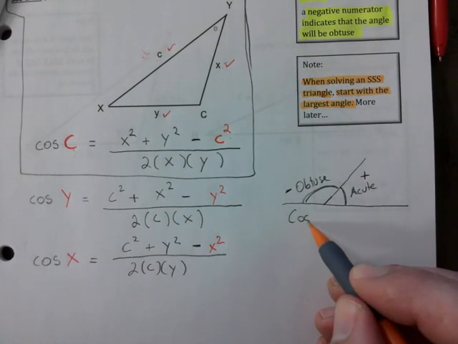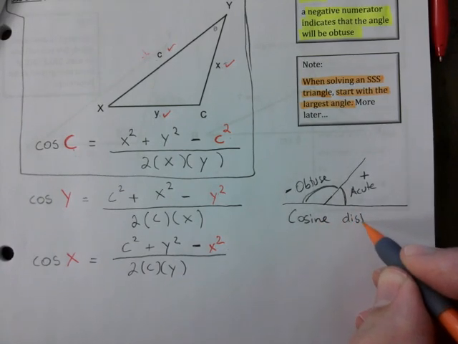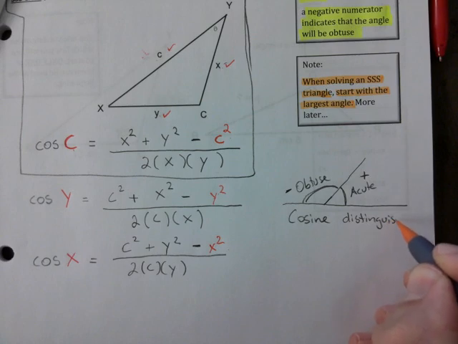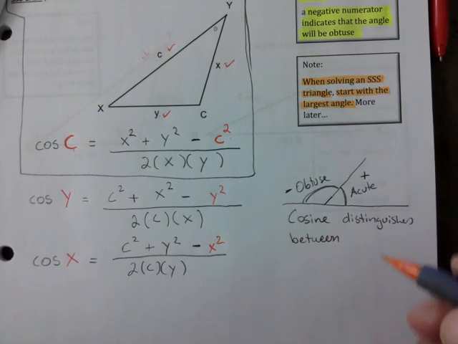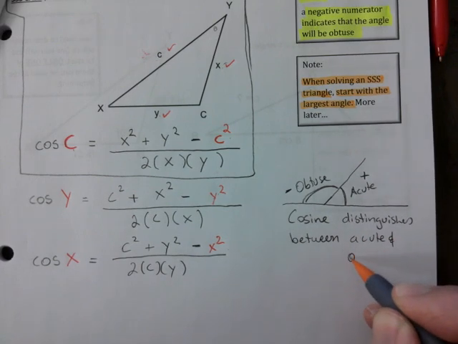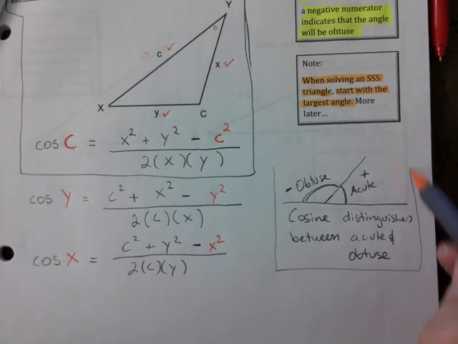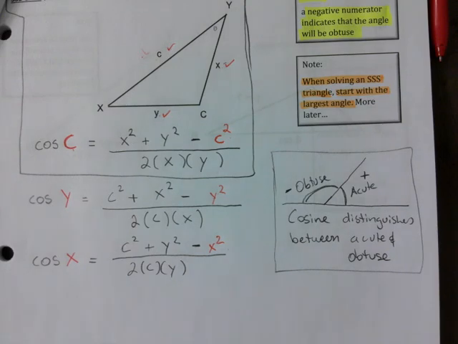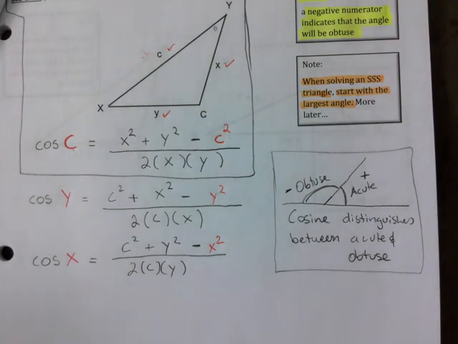So cosine distinguishes between acute and obtuse. Sine law doesn't. Sine law would not be able to make a distinction. It will always give you an acute angle no matter what. So that's where the problem arises. More on this later.